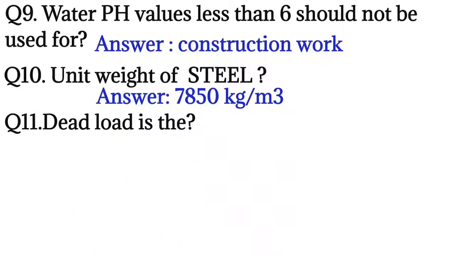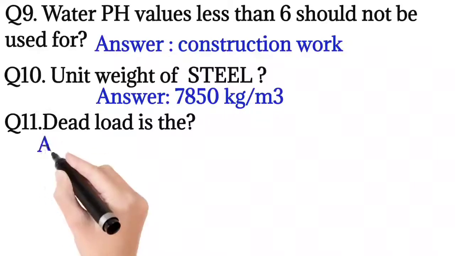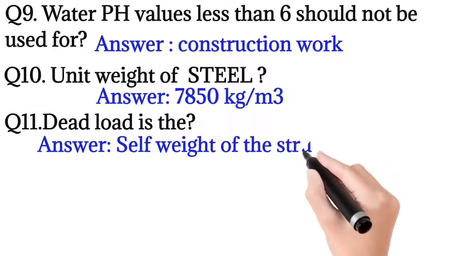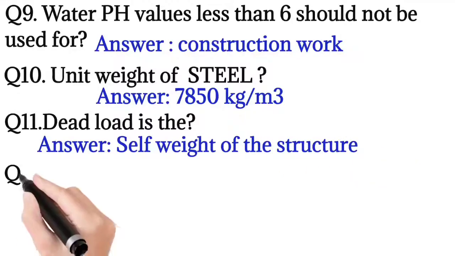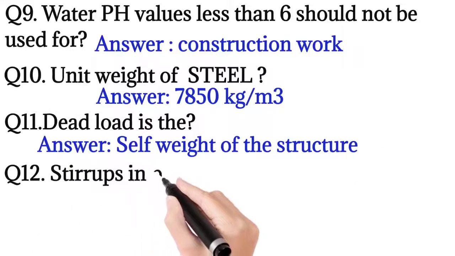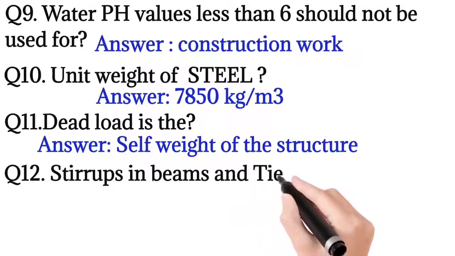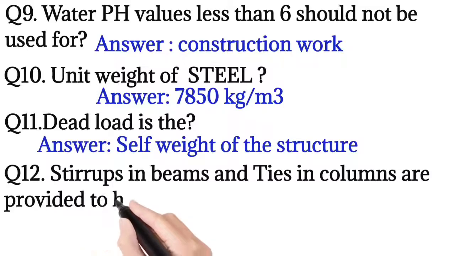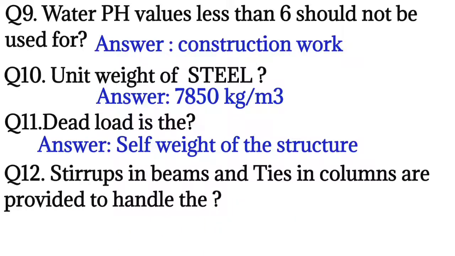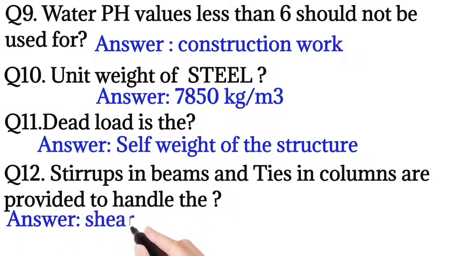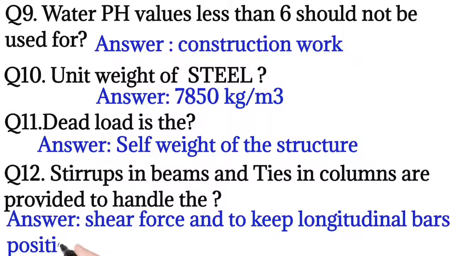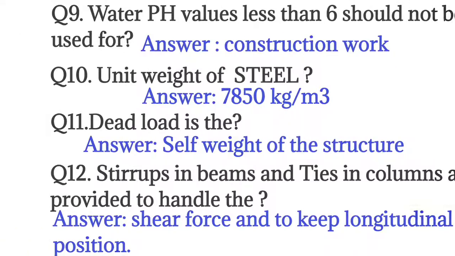Question number 11. Dead load is the self-weight of the structure. So the answer is self-weight of the structure. Question number 12. Stirrups in beams and ties in columns are provided to handle the, so the answer is shear force and to keep longitudinal bars in position.